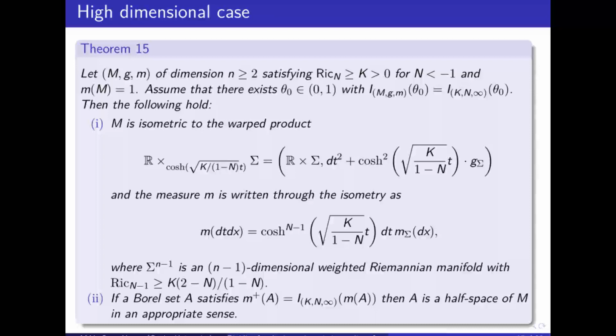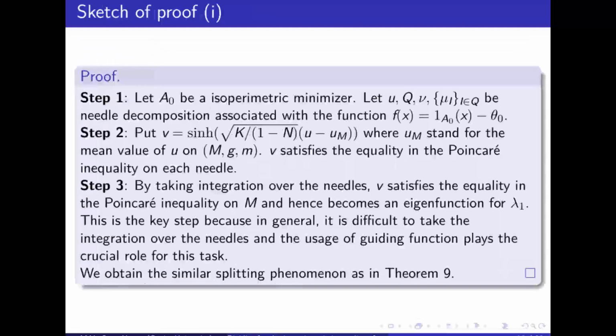The key point is that we use the guiding function in the needle decomposition in the proof of the isoperimetric inequality to construct the eigenfunction in the sub-spectral gap inequality, and we found out the rigidity of the two inequalities would imply the same warped splitting phenomenon. Here is the sketch of my proof.